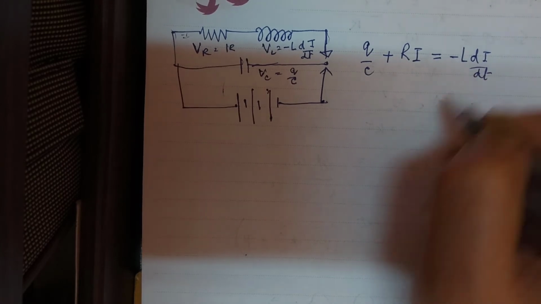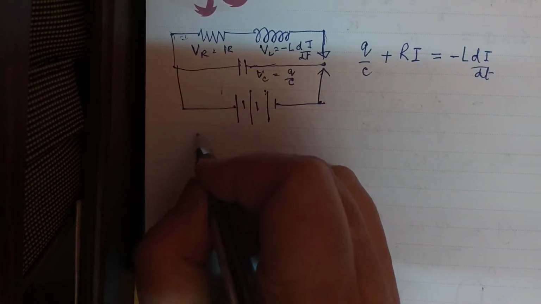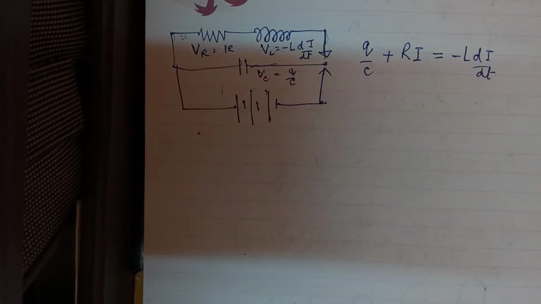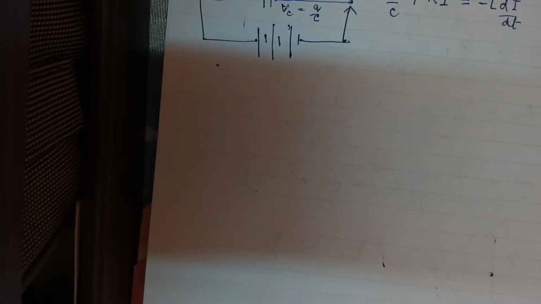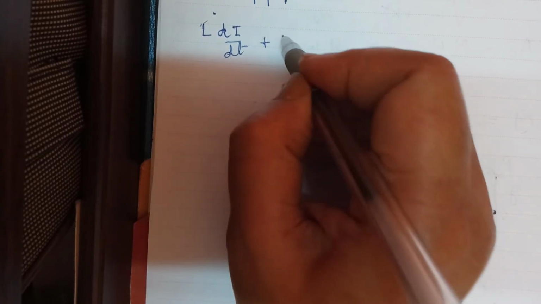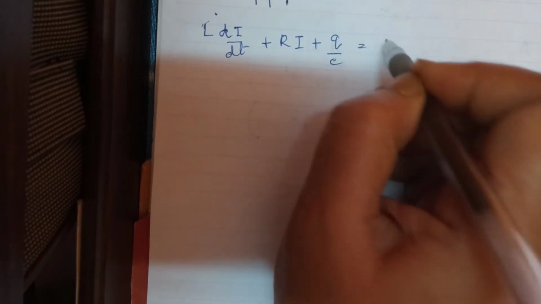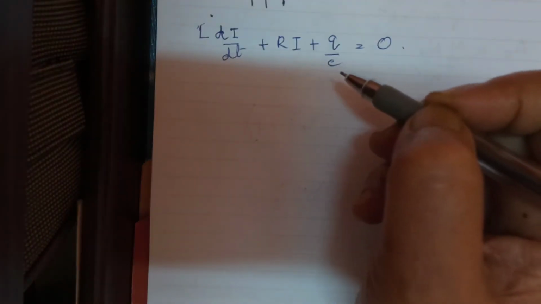So what can we say over here? Ultimately, we can say that L dI/dt plus Ri plus Q by C equal to 0, isn't it?